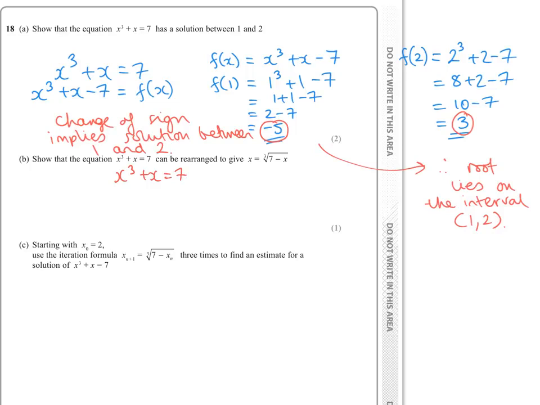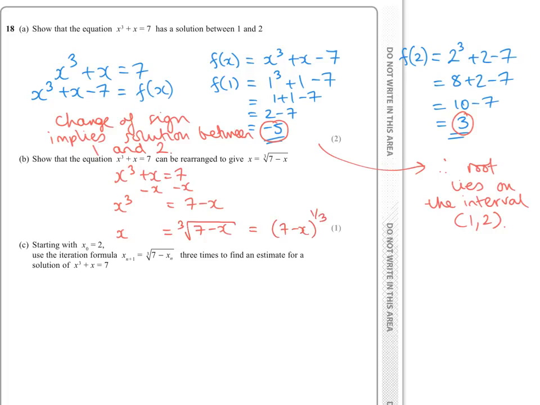Now, what I'm going to do first is I'm going to take x from both sides here. So that gives me x cubed equals 7 minus x. And then I'm going to cube root both sides. So x will be the cube root of 7 minus x, or you can just write 7 minus x to the power of one third, which is exactly the same.